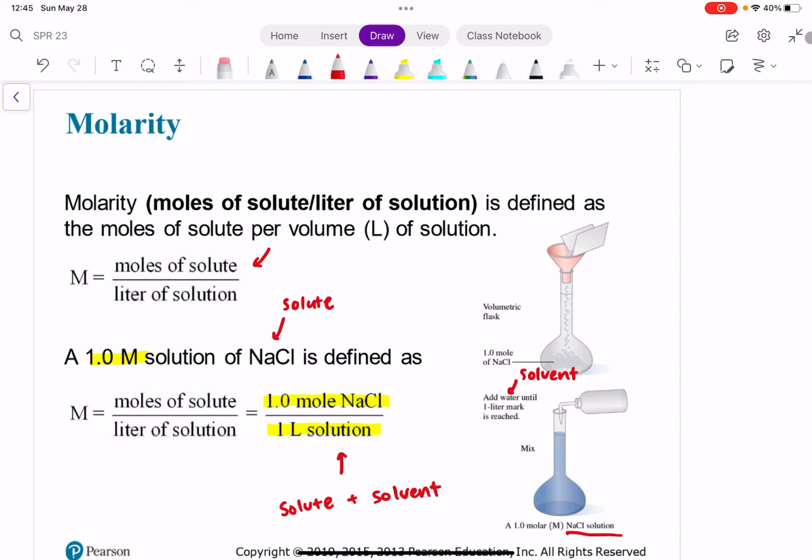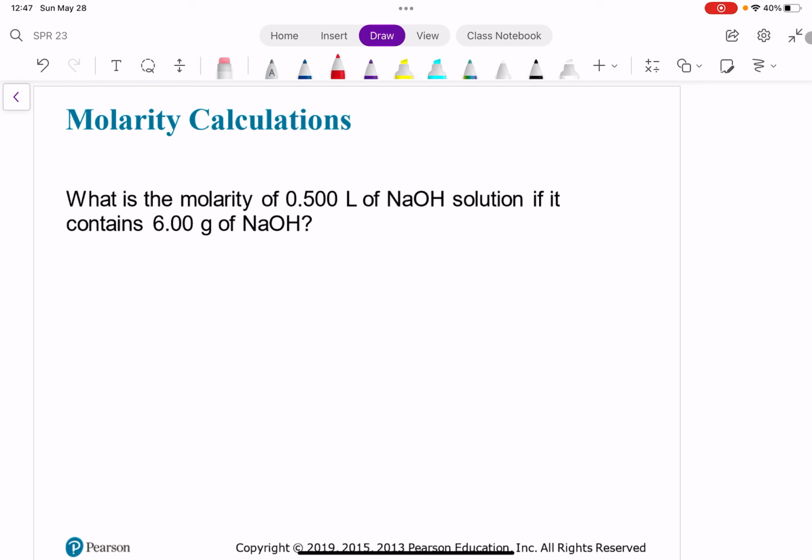So this is the total liters of all of that solution mixed together that you have. But we want to know how much of that solution is just NaCl, our solute.